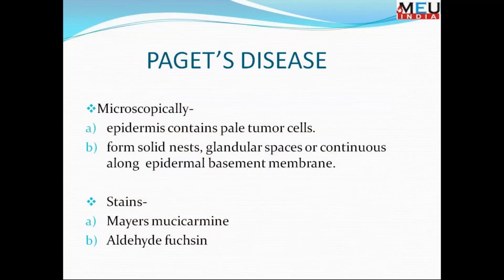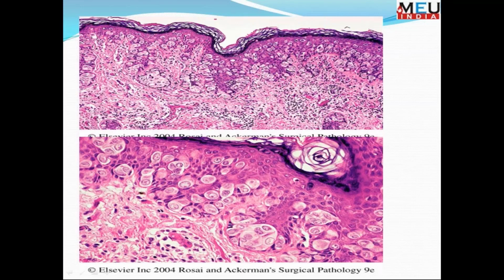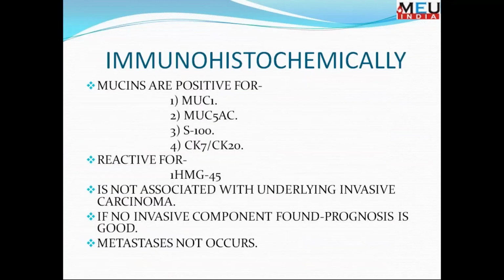Microscopically we find pale tumor cells which form solid nests, glandular spaces, or continuous sheets along the epidermal basement membrane. It stains positive with Mayer's mucicarmine and aldehyde fuchsin stain. These are the Paget cells which can be seen in the superficial epidermal layer, just like Paget's disease in other parts of the body.